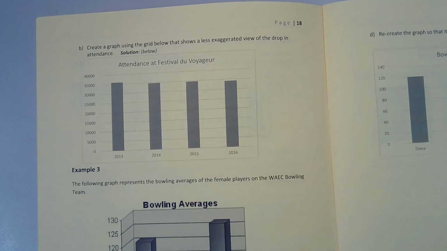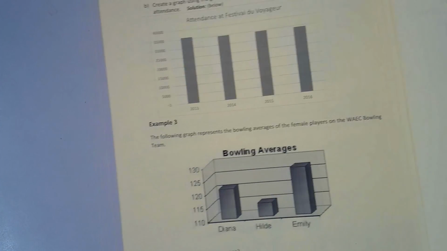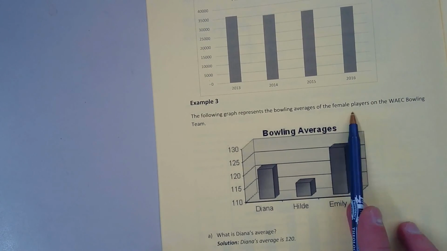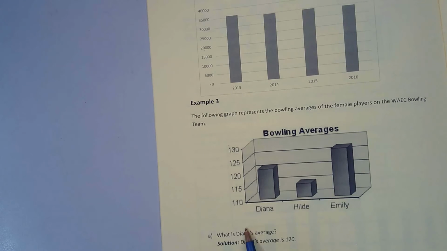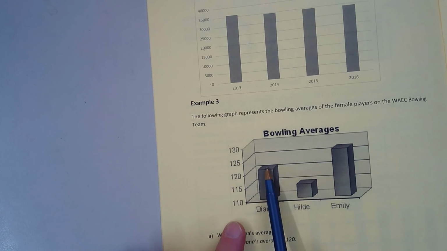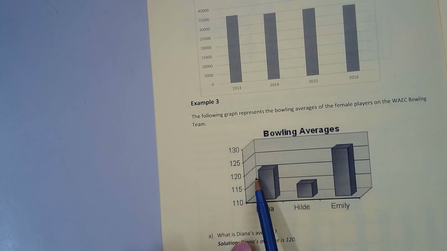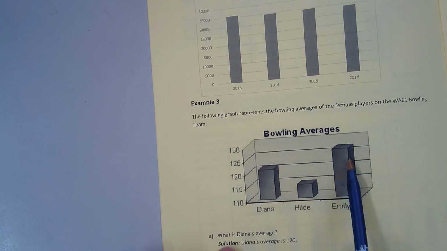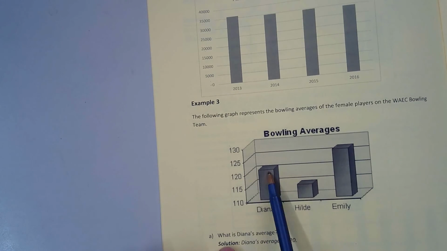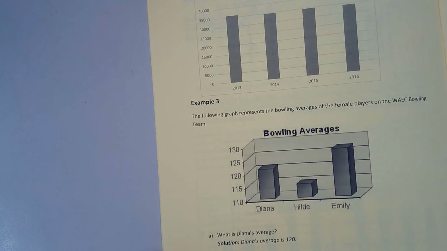Example 3. The following graph represents bowling averages of female players. What's Diana's average? So it looks like around 120. This is a 3D graph, that's why it sort of wraps around here, so it's 120. Who has the lowest average?